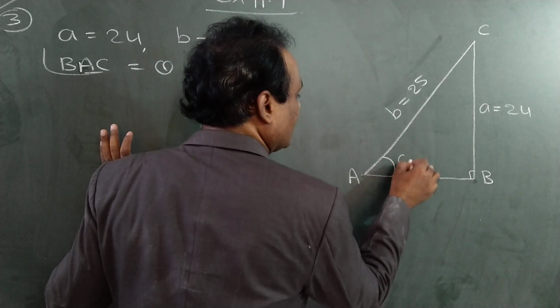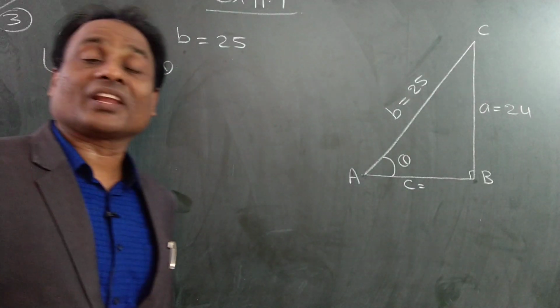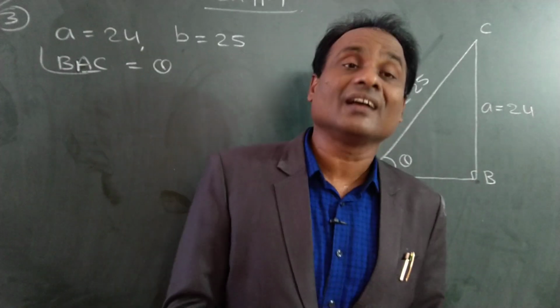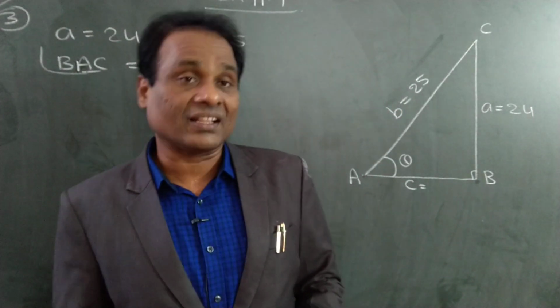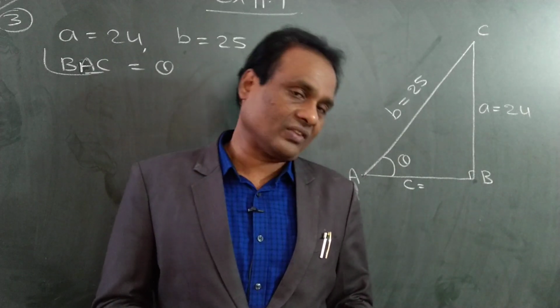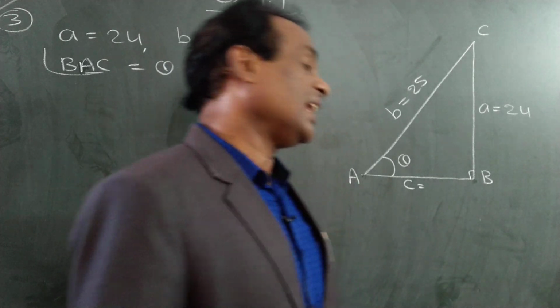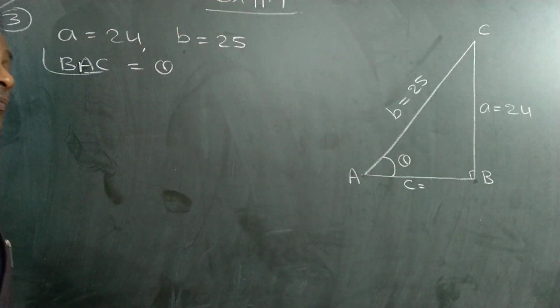This angle is theta. Now, we have 6 trigonometric ratios: sin theta, cos theta, tan theta, cosecant theta, secant theta, cot theta. I gave the names of the 6 trigonometric ratios.